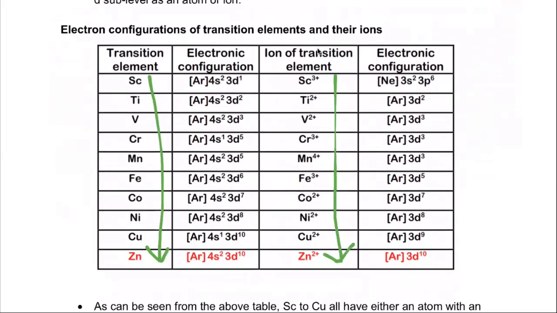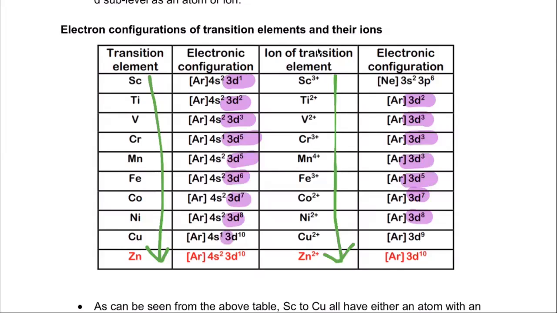What you'll see here is scandium has an incomplete D sublevel as an atom. Titanium has it as an atom and as an ion. So does vanadium, so does chromium, so does manganese, so does iron, so does cobalt, so does nickel.